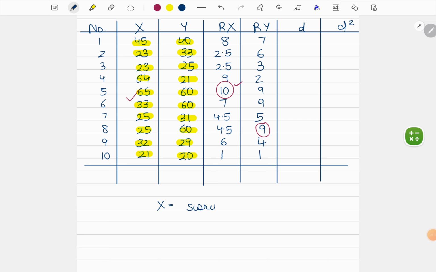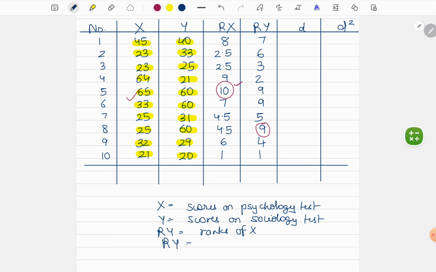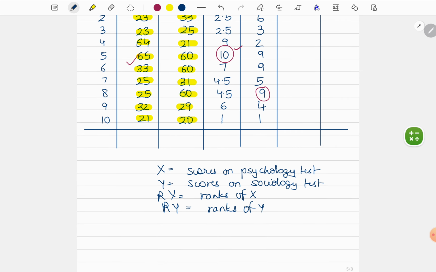So X is scores on psychology test, Y is scores on sociology test, RY is ranks of Y, RX is ranks of X, D is difference in ranks, and D square is square of difference.